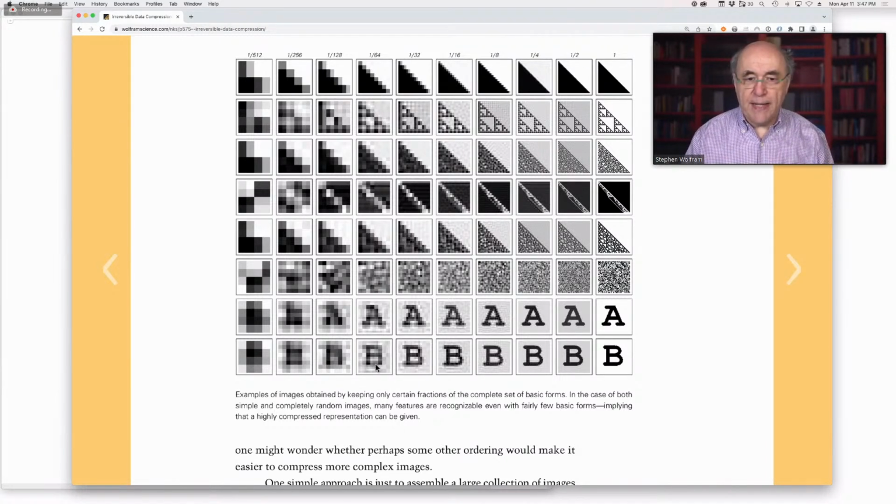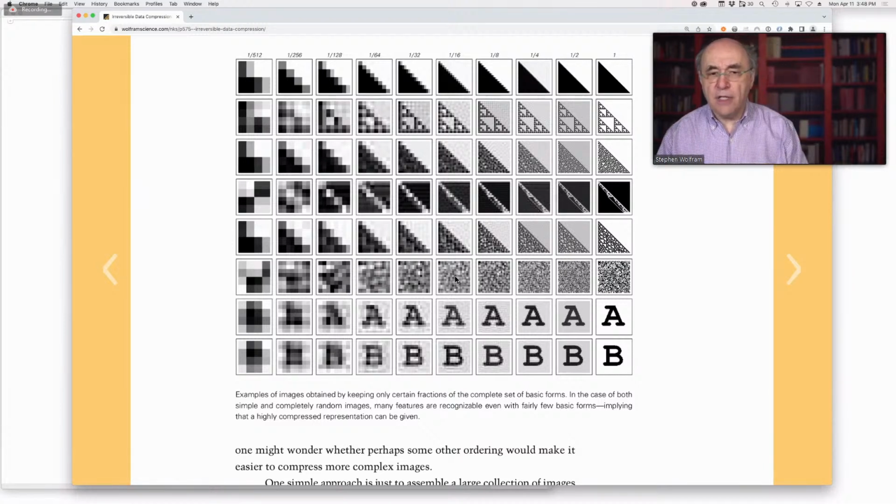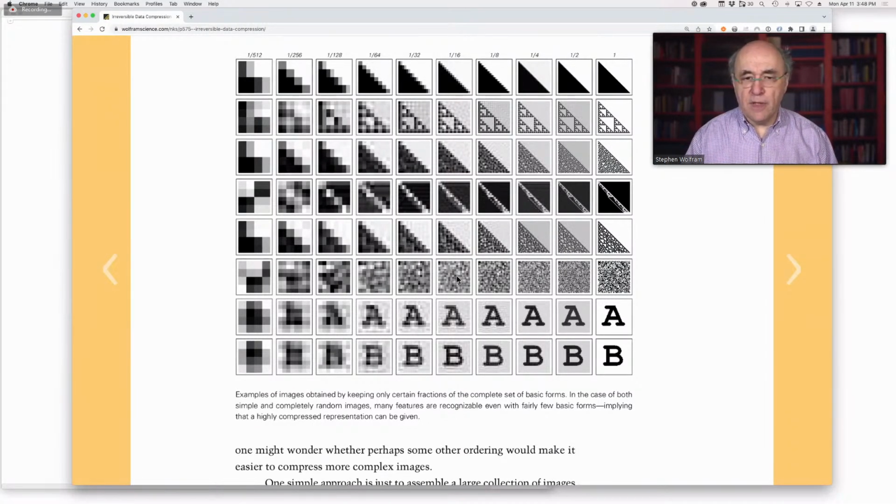Well, more or less we can read the A and the B here. By the time we're keeping 1/16th of the bits, we do a pretty good job of reading the A and the B. We don't do a terribly good job of seeing what's going on in this pattern here. In other words, even when we allow lossy compression, which did a pretty good job of reproducing the A and the B, the kind of thing we'd see in everyday life, when we're looking at this generated pattern or this pattern here, it doesn't do a very good job of reproducing that.